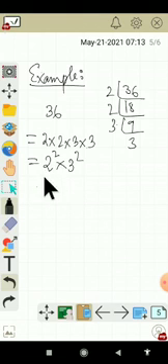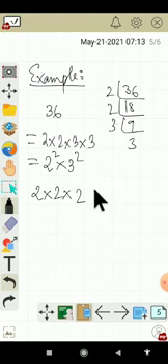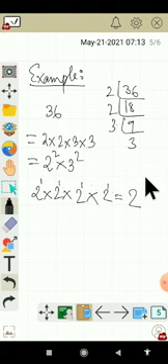And this is the concept of power. If any number is repeated more than once, then we can write it with a power. If we have 4 twos, all with power 1, and we multiply them, we get 2 to the power 4.